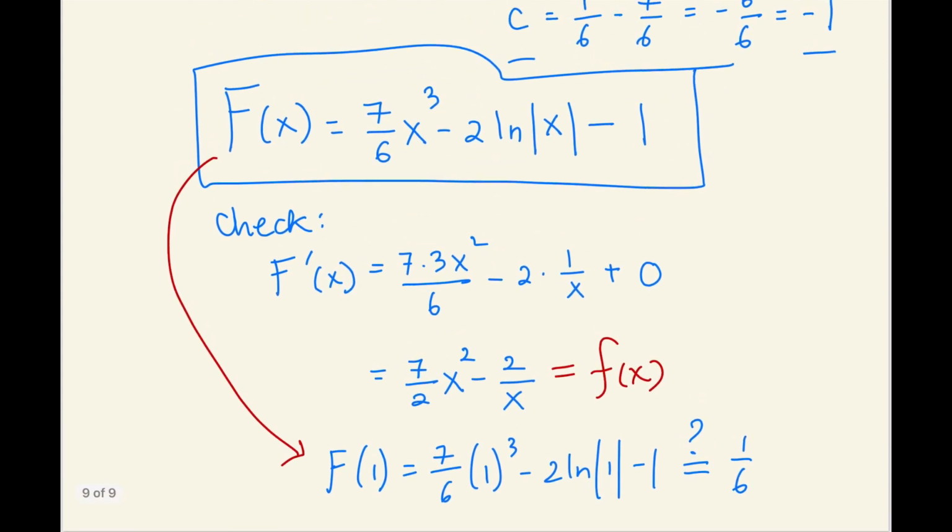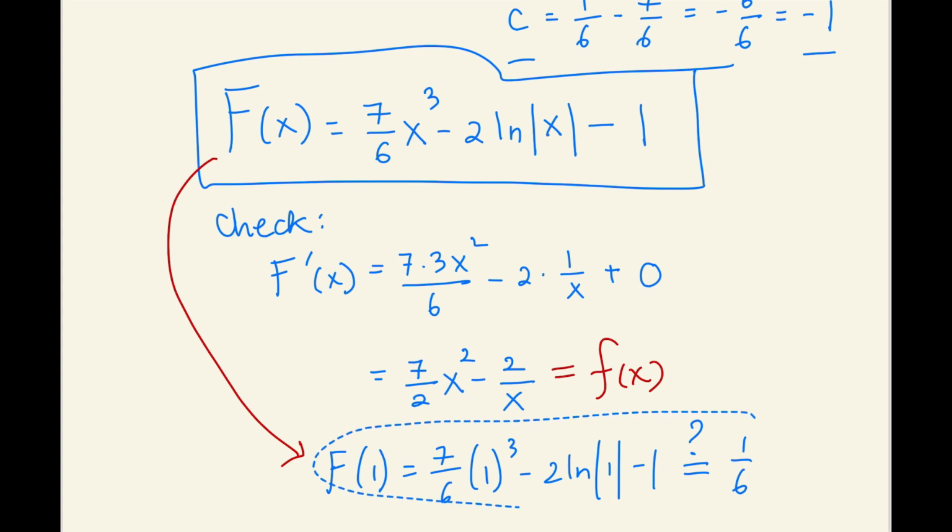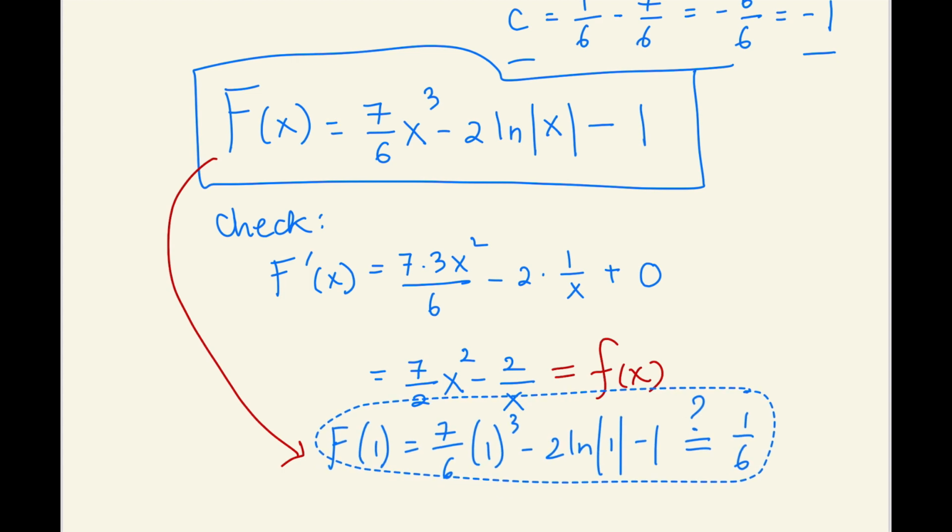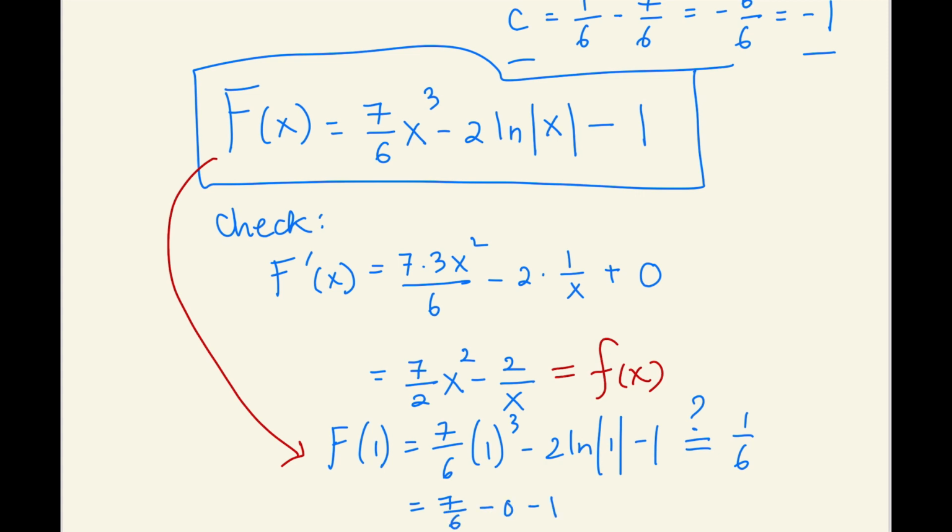And if I do that, this becomes 7/6 minus 0 minus 1. And that indeed is equal to 7/6 minus 6 over 6, which is equal to 1/6, and that checks out. So everything checks out, and this ends up being my final answer.